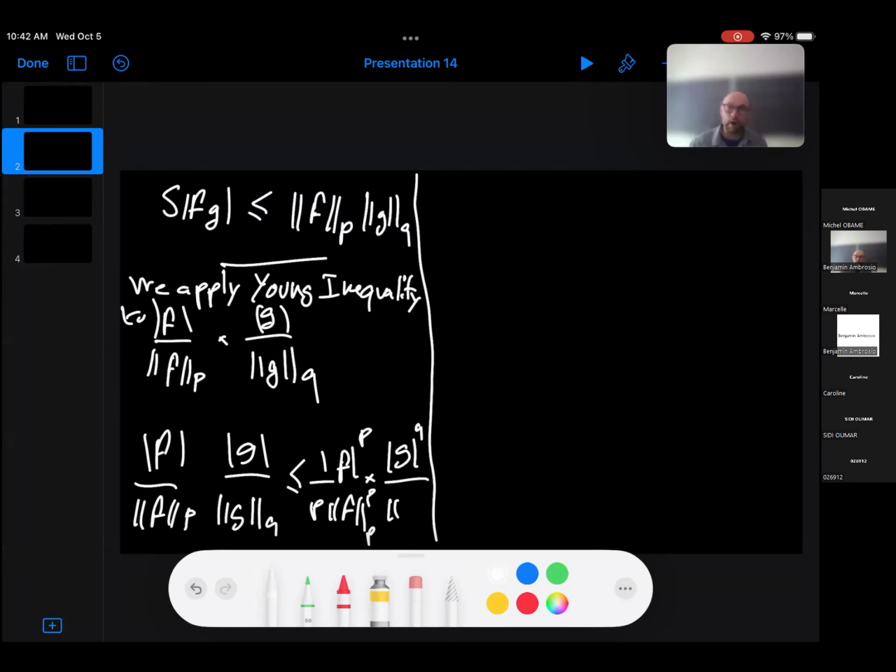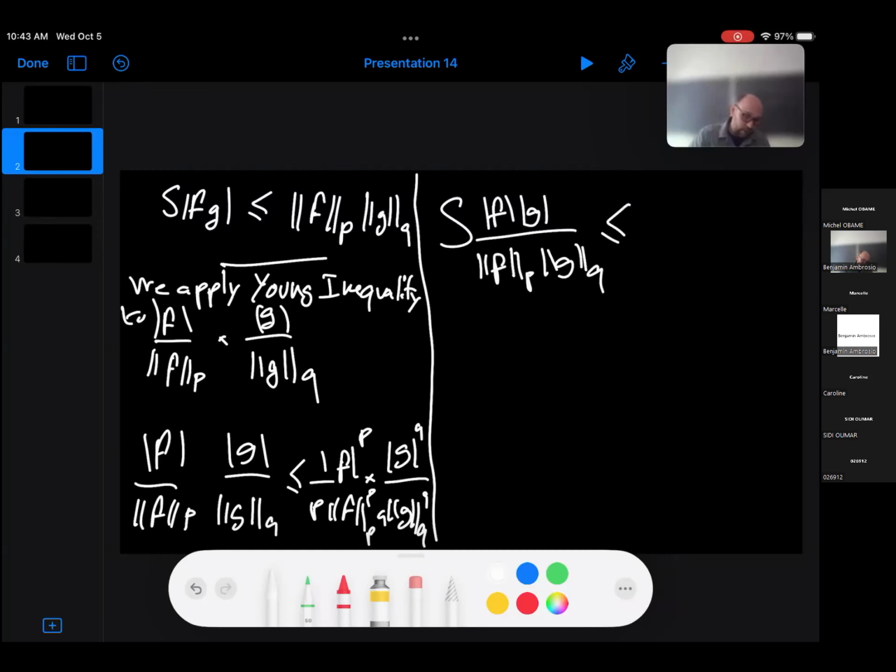The single bar is the absolute value, but the double bar is the norm in LP and LQ. So if I take the integral of that, I obtain the integral of fg divided by norm of f in LP, norm of g in LQ is less than, and of course this is a plus here, not times.